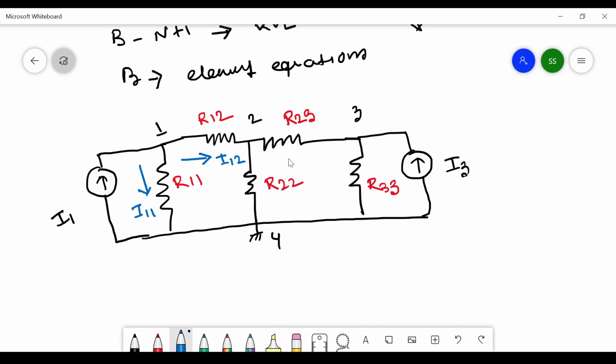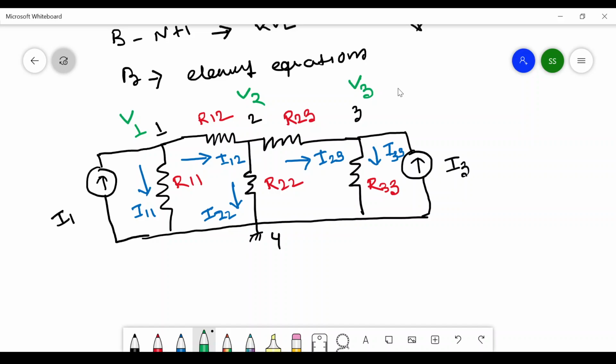From node 2, let's say this is I23, and this is I22, and here this is I33. And the node voltages, this one V1, this one V2, this one V3.